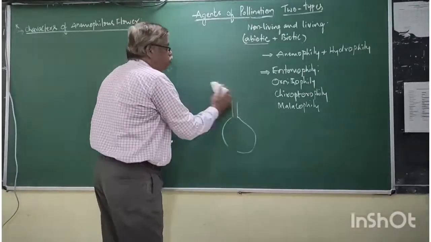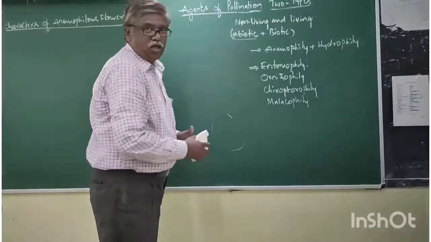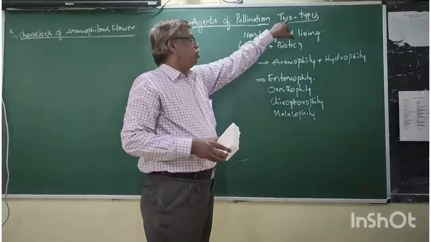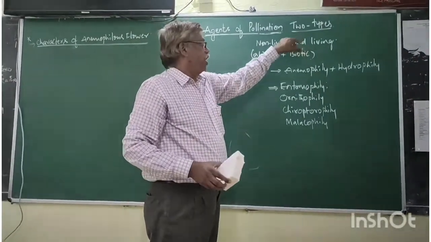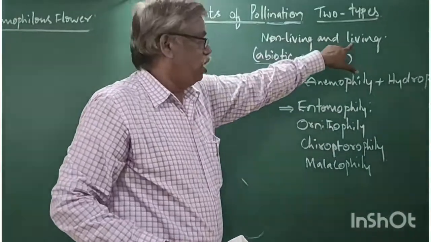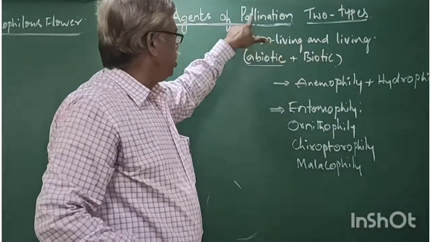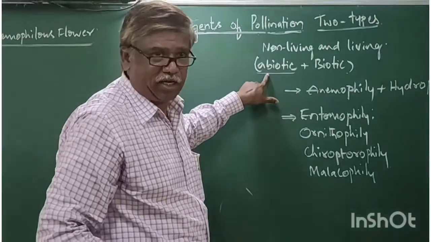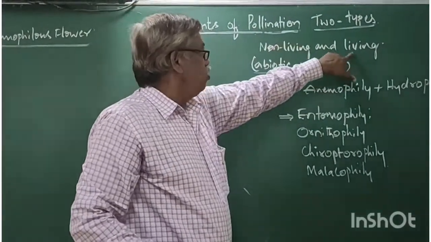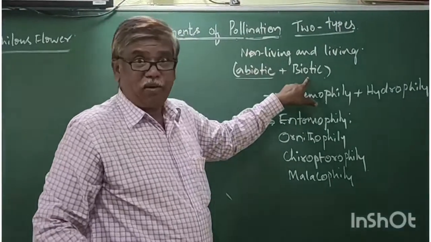Now the agents of pollination are basically of two types. Right. Non-living and living. Non-living agents are called abiotic. Living agents are called biotic.